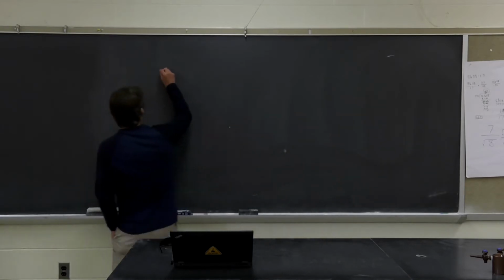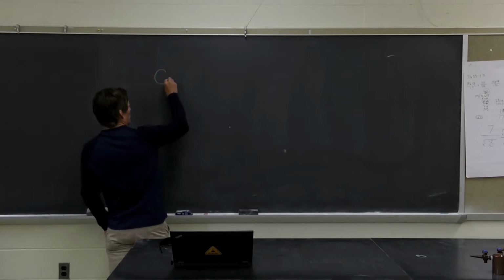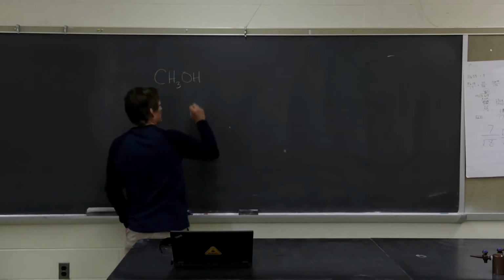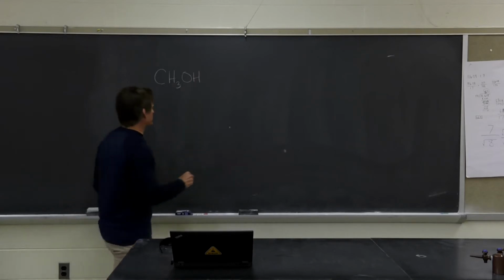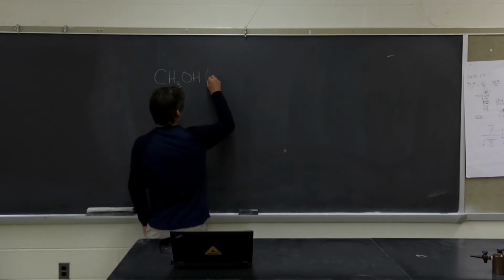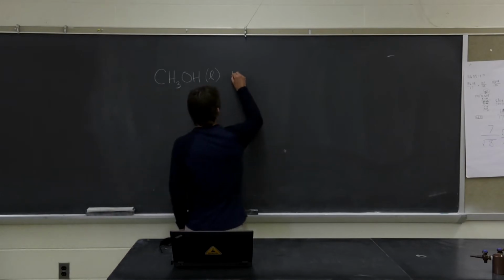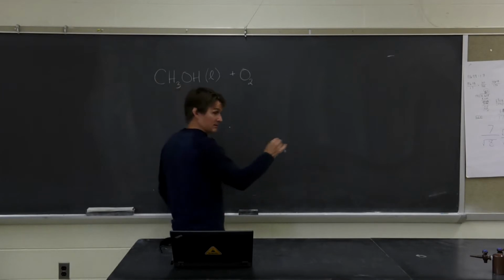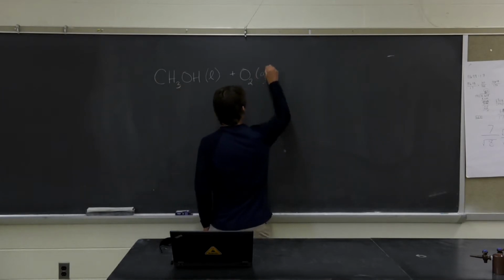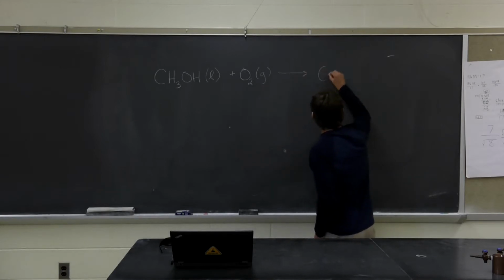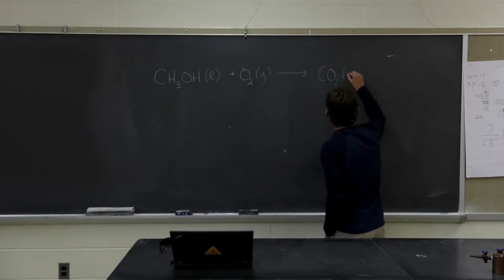So what we would say is we took some methanol, and its condensed formula is CH3OH, and it was a liquid, and that was reacted with oxygen, O2, from the air, in the gas phase, and what was produced is carbon dioxide and water.